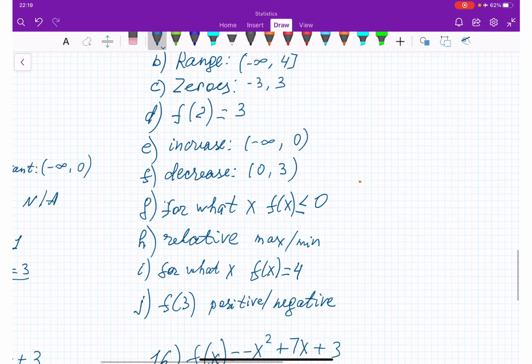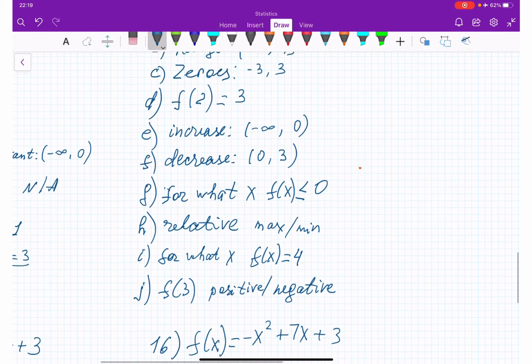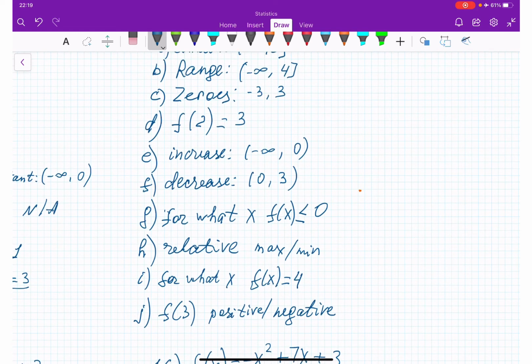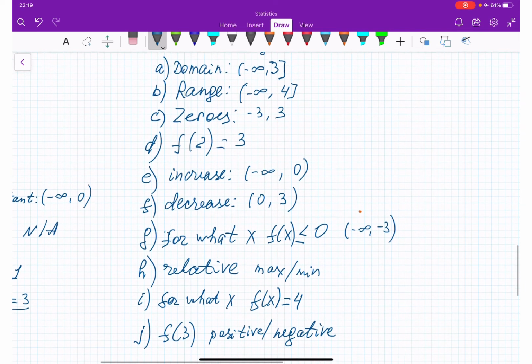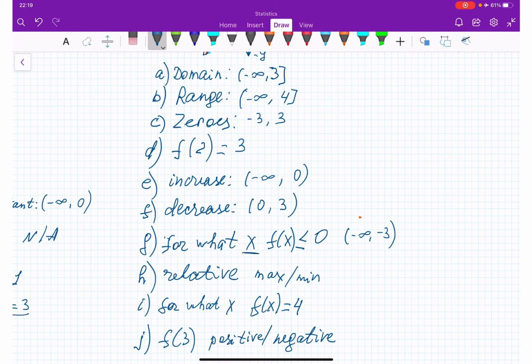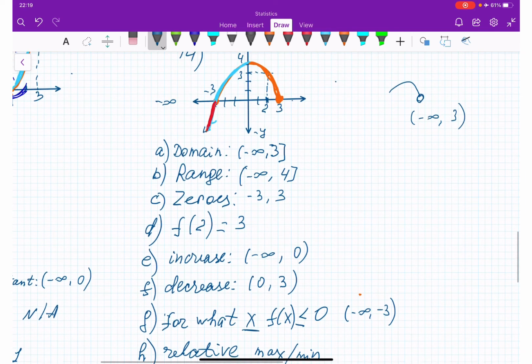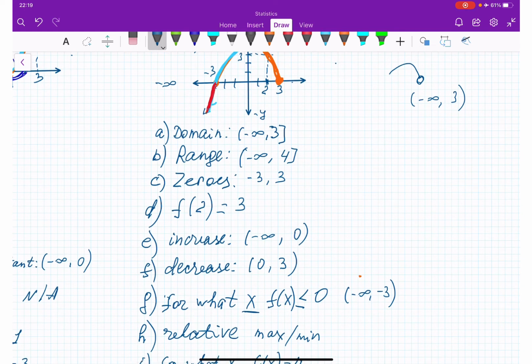Okay. Let's write it down. Negative infinity till negative 3, because we are using the value of x. It's asking for x, right? Negative 3. Do we have anywhere else? Yes, because it says equal also.